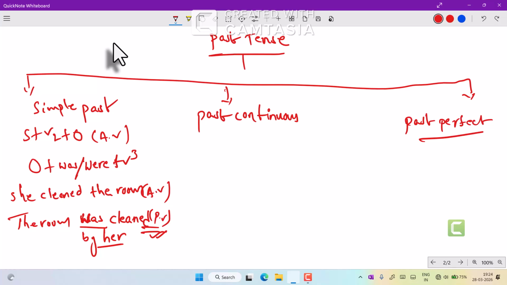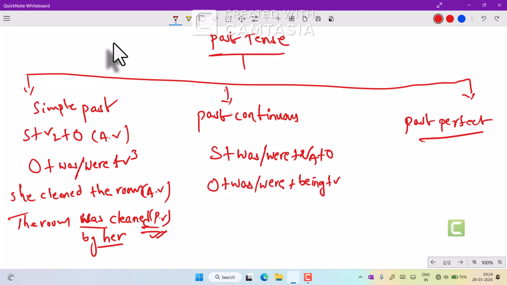Past continuous active voice: subject plus was or were plus V4 plus object. In passive voice: object plus was or were plus being plus V3.